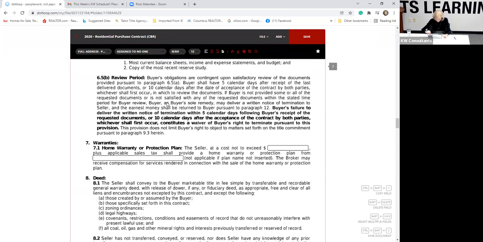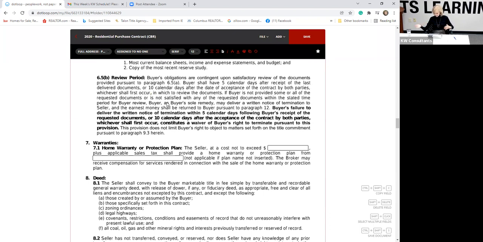And then 6.5 is a review period about the documents, etc. And again, make sure your buyer understands that once they get this, they do have to review it. And you might want to help them know what to look for.